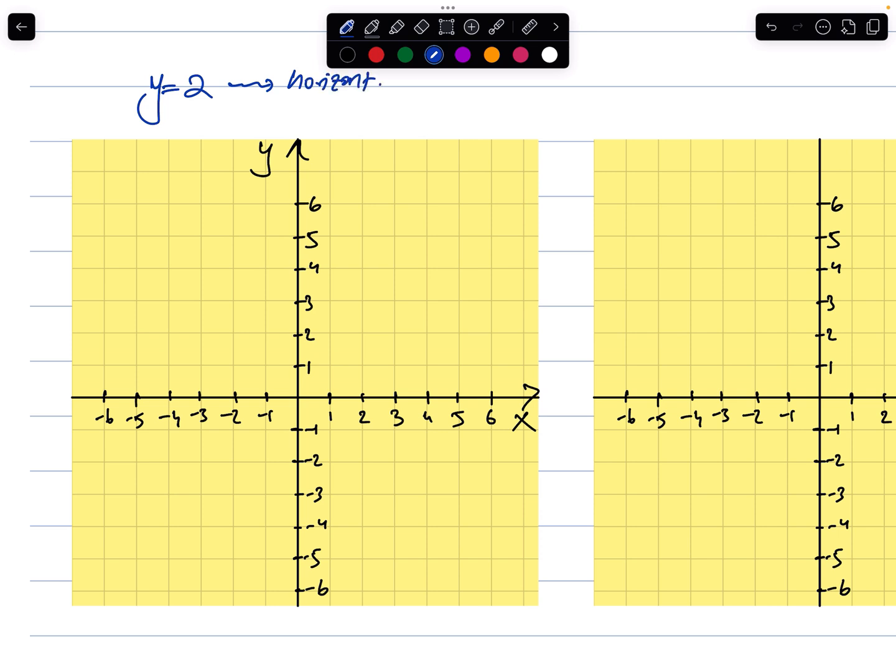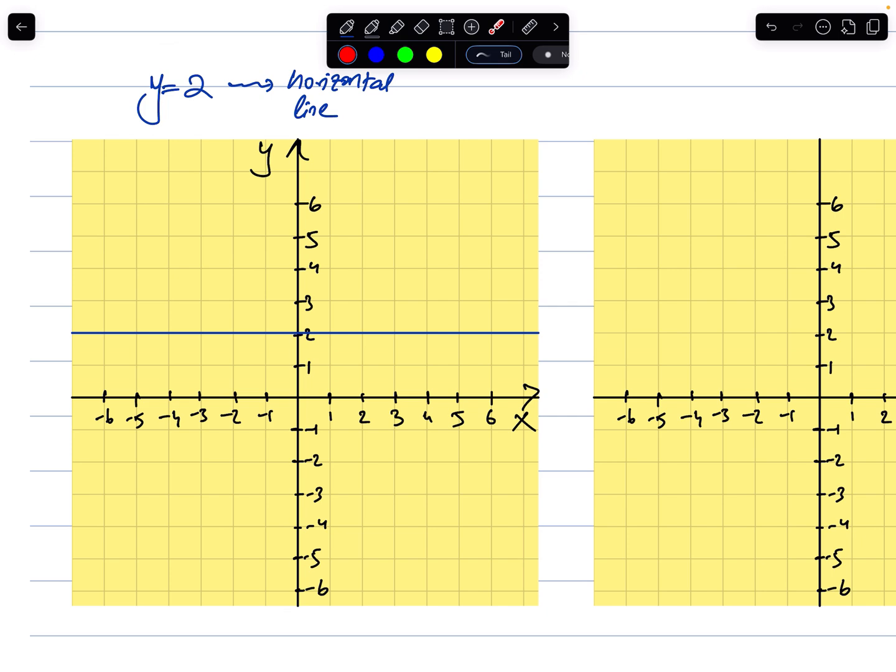So if we draw y is equal to 2 on this graph, that would be a horizontal line passing through the y-axis at 2. I'm sure you know that. This blue line is what satisfies this equation.